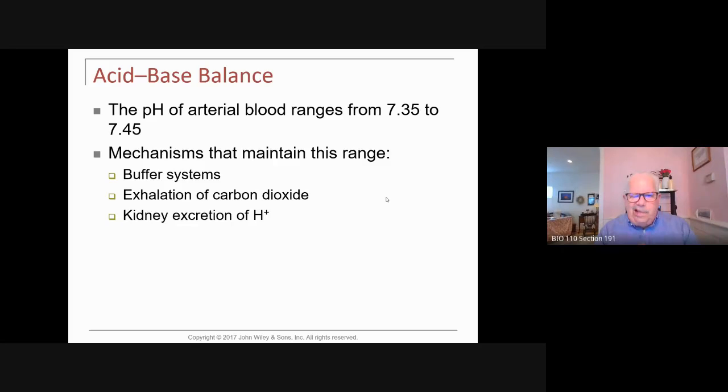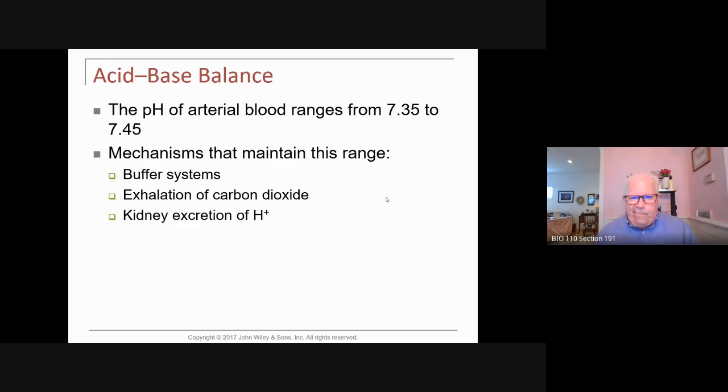Now, your kidneys have 2 functions. It can either excrete acid. The excretion of H plus means it excretes acid, or it can retain base. And when you say that the kidneys retain base, the base is bicarbonate.